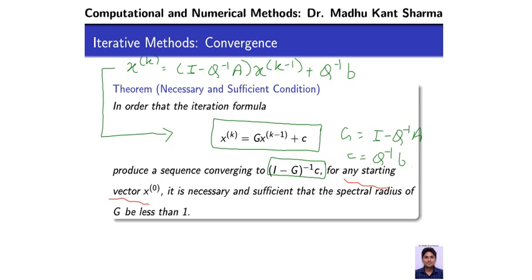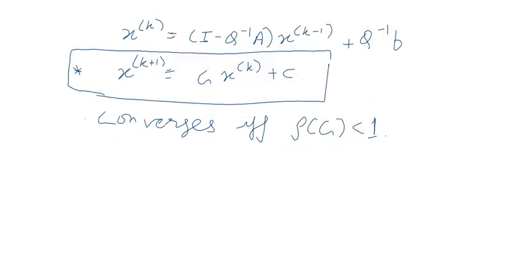Then it is necessary and sufficient that the spectral radius of G be less than 1, if and only if. We wish to prove this.